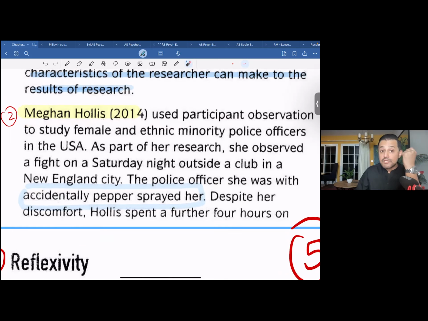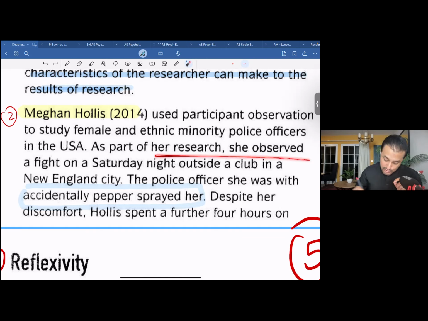Likewise, another example of reflexivity being put to practice is the study conducted by Megan Hollis in 2014. She used participant observation to study female and ethnic minority police officers in the USA. Remember, in participant observation you'd be a part of the group that is being researched and you would actively participate in the activities they're participating in.